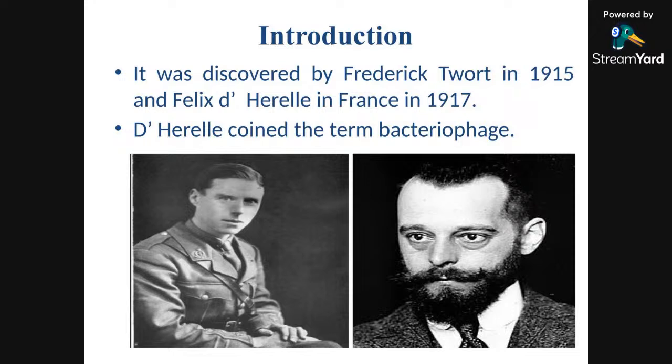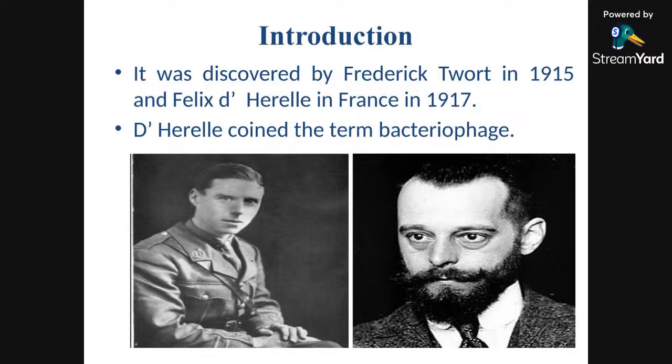In this slide, we will discuss the history of bacteriophages. In 1915, British bacteriologist Frederick Twort discovered a small agent that infects and kills bacteria. In 1917, French Canadian microbiologist Felix d'Herelle, on 3rd September 1917, discovered an invisible antagonistic microbe.